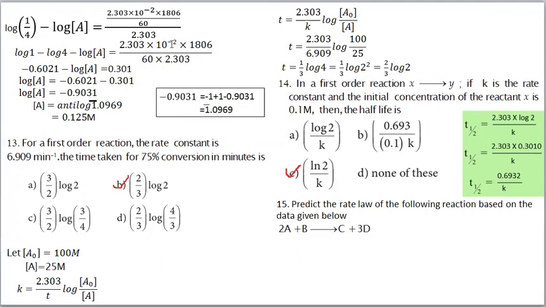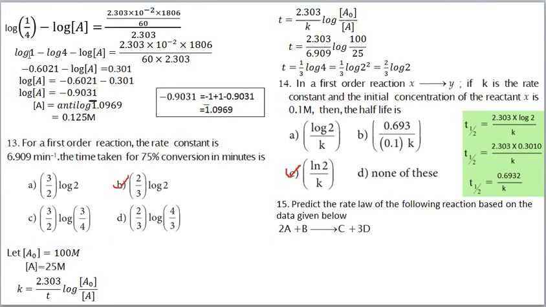Simplifying with this one, we get 10 to the power minus 3. Then the 6 cancels, and we get 301. With 10 to the power minus 3, we get 0.301.